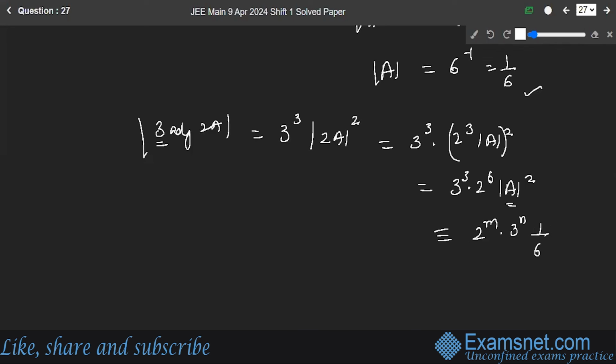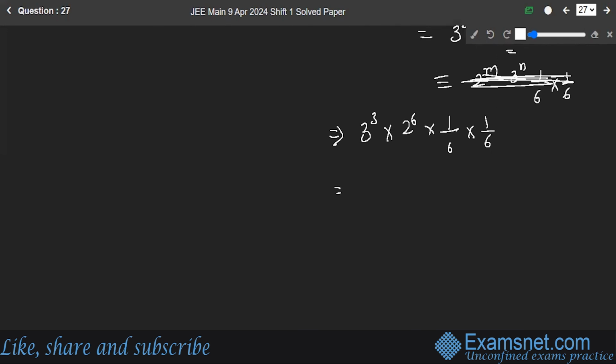So this is equal to 1 by 6 into 1 by 6. Let me resolve it. This is 3 power 3 into 2 power 6, and this is 1 upon 6, 1 upon 6. And this gives me 3 power 3, 2 power 6, 1 upon 2 square, 3 square.